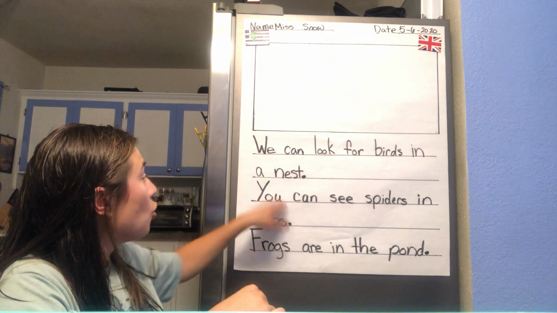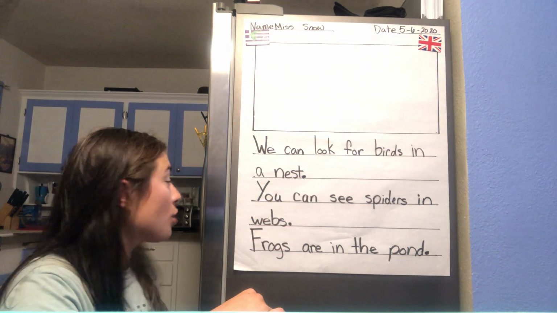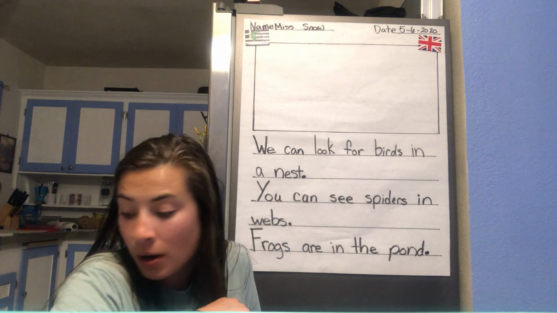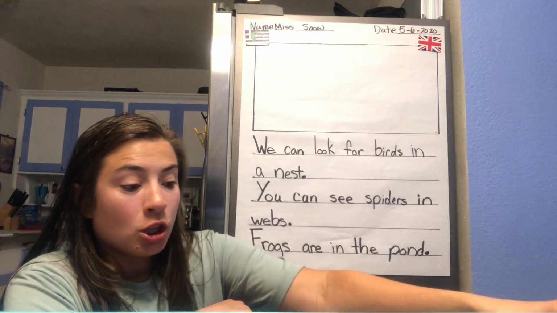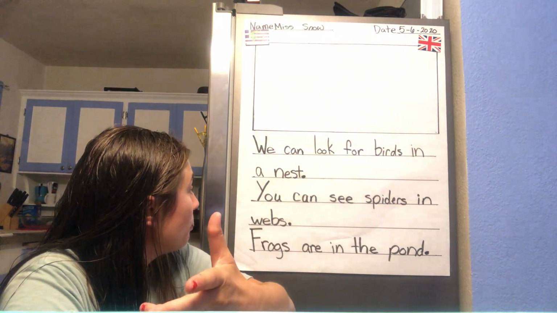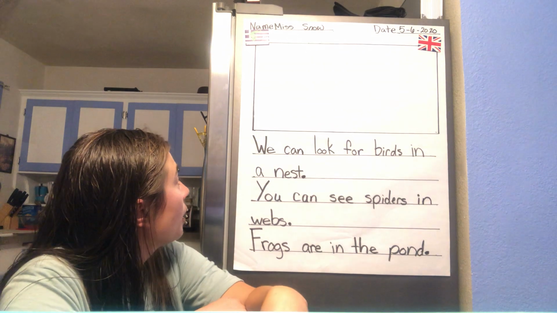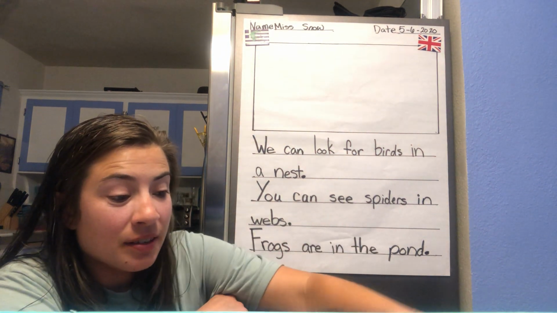So if you can write along with what I've written, or you could come up and you can think about other animal homes that you know about, or a different animal that we saw in here, like a beaver. You could write, beavers build lodges, or foxes live in dens.